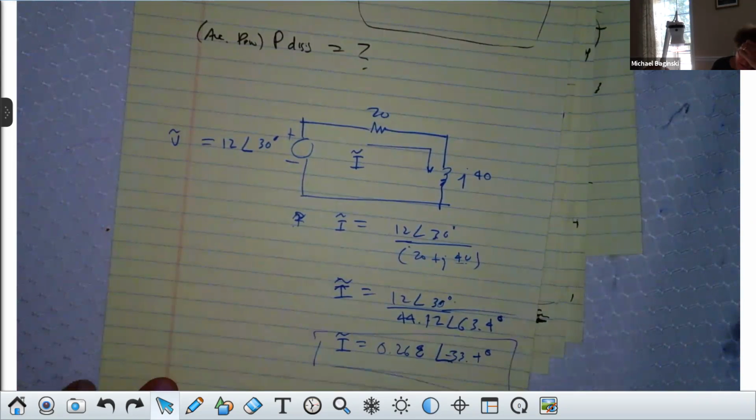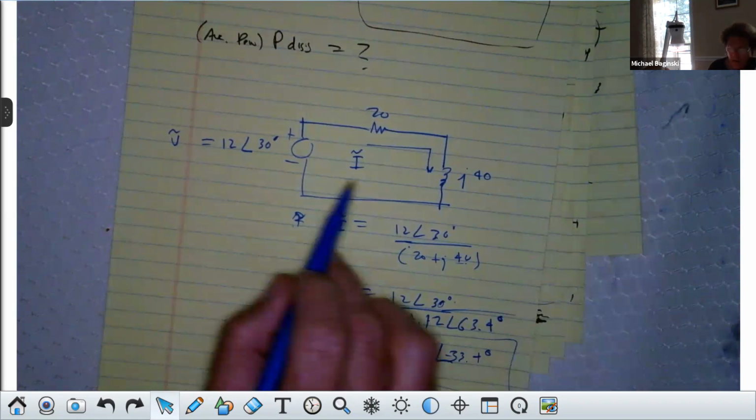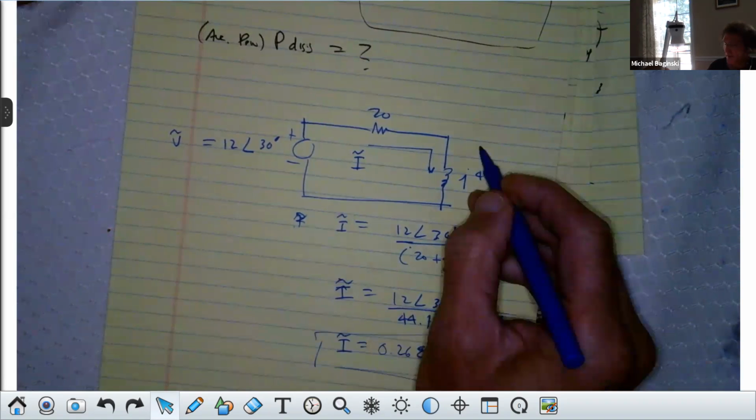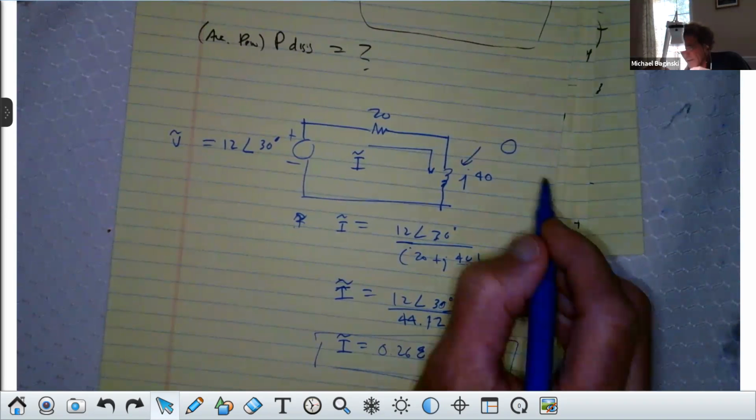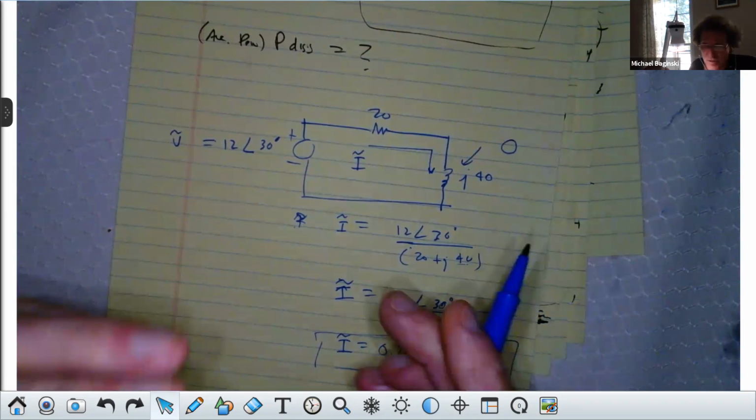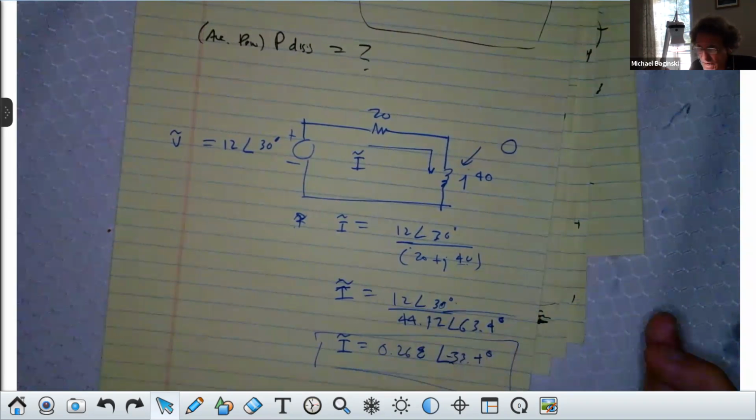Now this is the beautiful thing. I'm asking for power dissipated. I'll say it again. I'm asking for average power dissipated. What's the average power dissipated by that inductor? Anyone? Zero. If it was a capacitor, it would be 0. Either one cannot dissipate power. What can dissipate power?